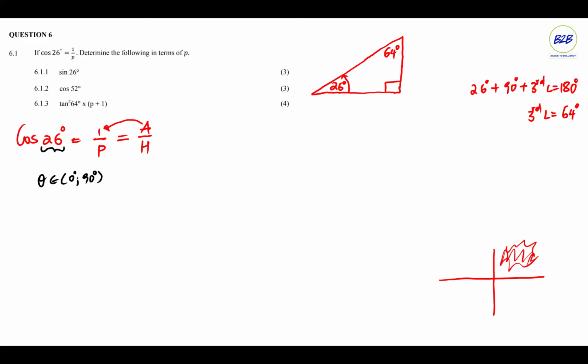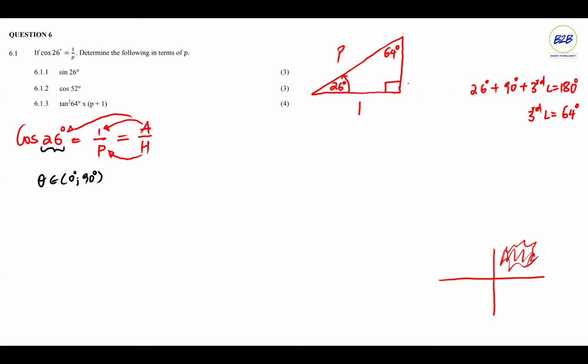But the adjacent of which angle? Of 26 degrees. So here we are going to have 1 because this is the adjacent side of 26 degrees. And then the hypotenuse is going to be p, as you can see from the given information.